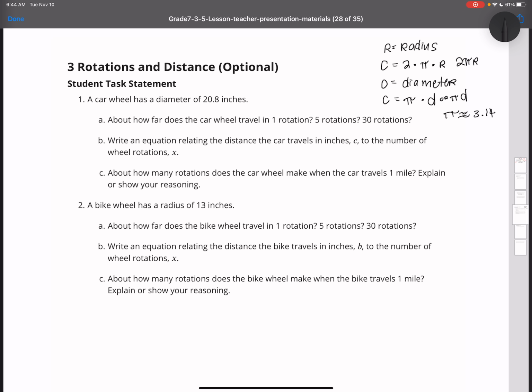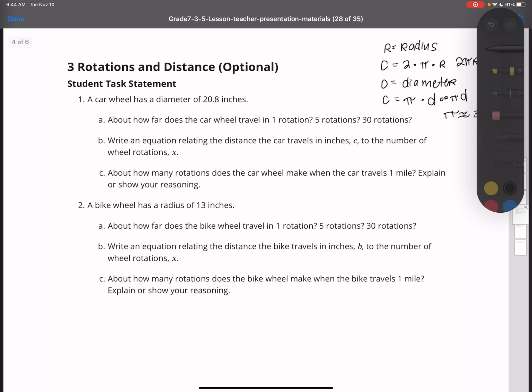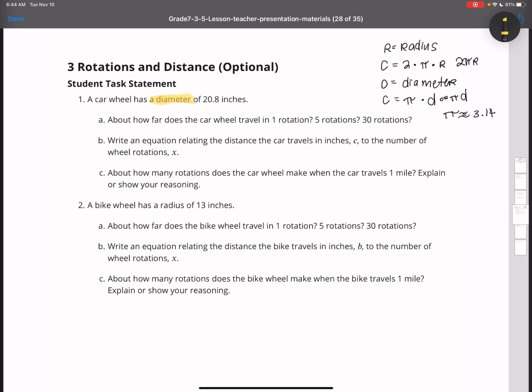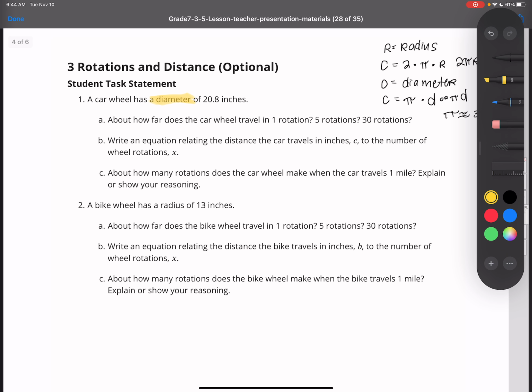Before we even start, which formula are we using? Are we using the one with radius or diameter? If you guessed diameter, you are absolutely correct, because it gives us the diameter.